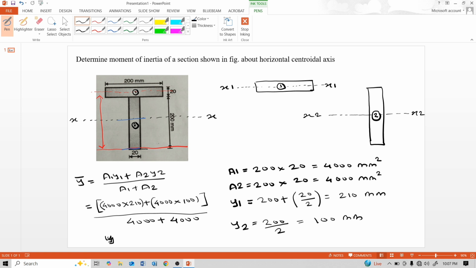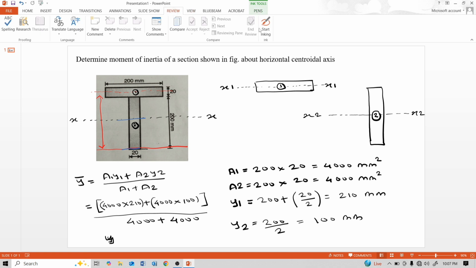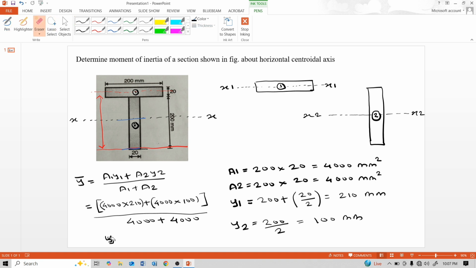So y bar is equal to 4000 into 210 plus 4000 into 100 divided by 8000, which is 155 mm.